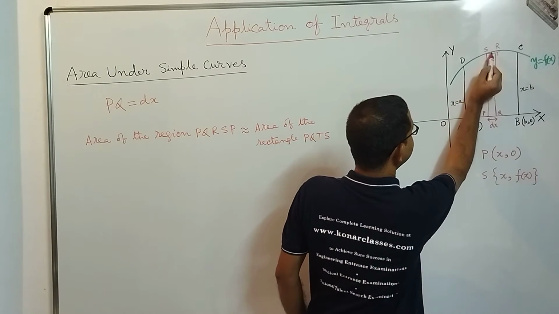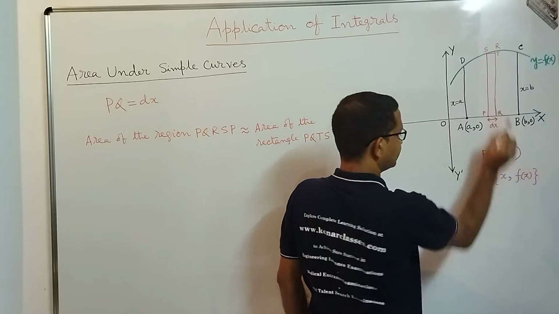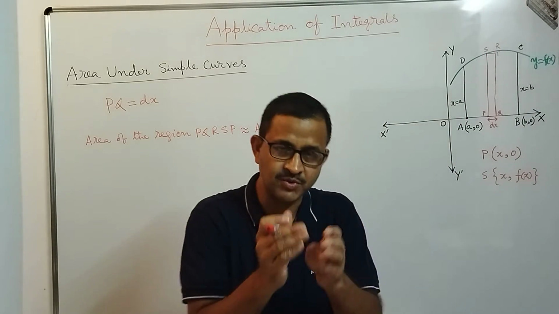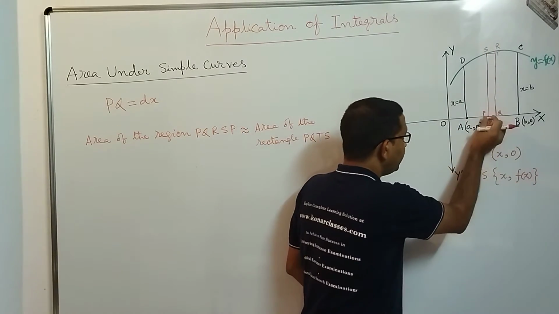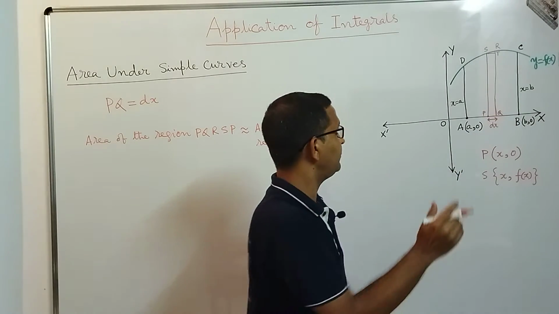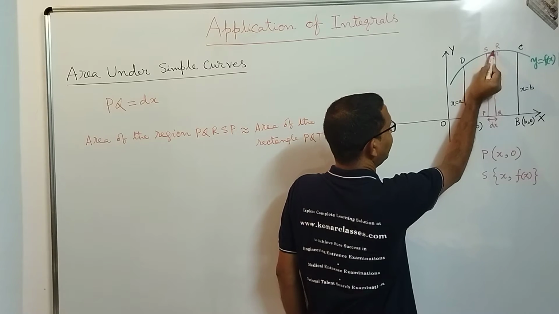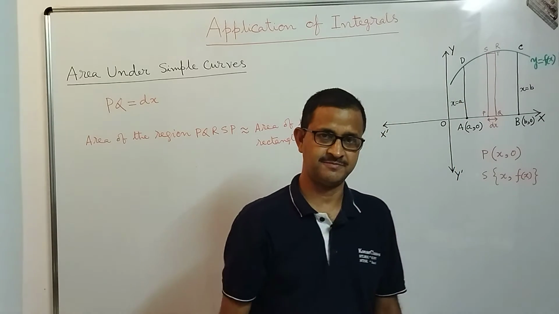What is missing is this small portion, STRS. Now that we can ignore. How can we ignore it? If we make the points P and Q close to each other, then we will see that the area of this region STRS will vanish.